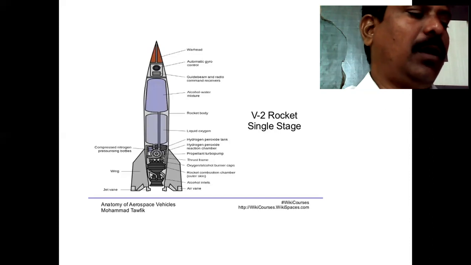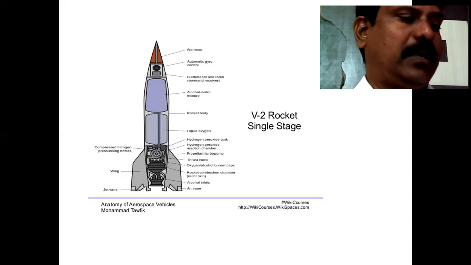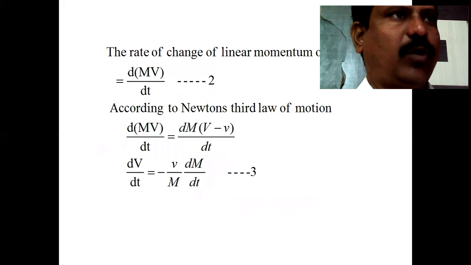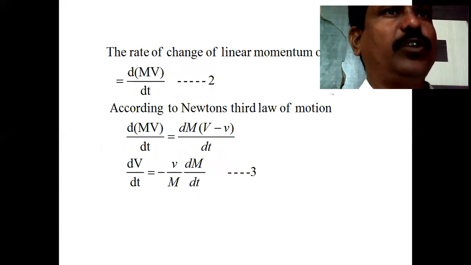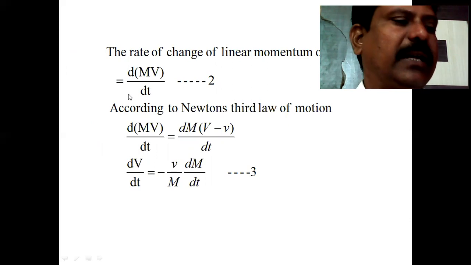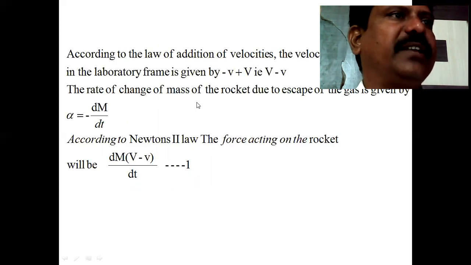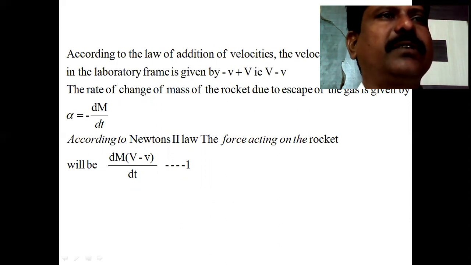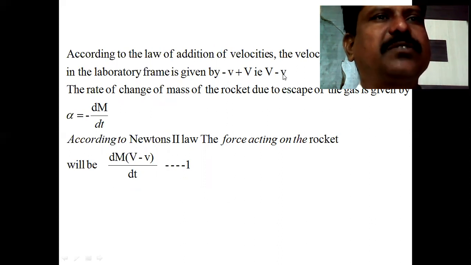Next, let's write the rate of change of linear momentum of the rocket. Before that you have to write one more equation. I have written that the velocity of the gas in the laboratory frame is given by minus small v plus capital V, or capital V minus small v.